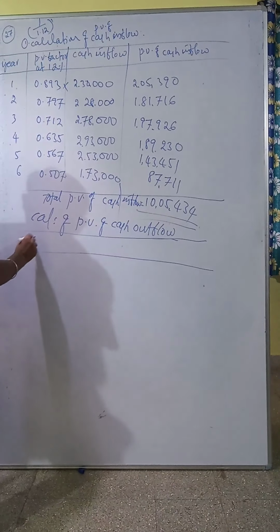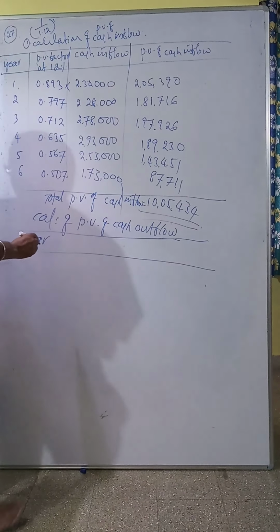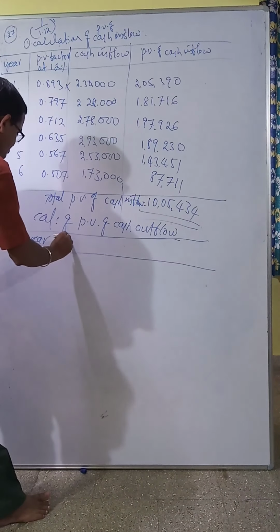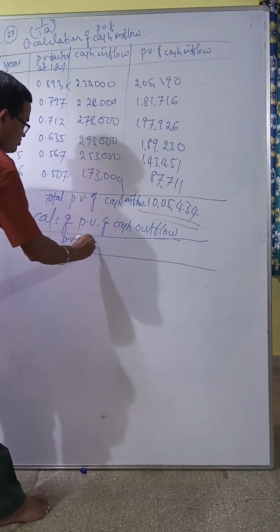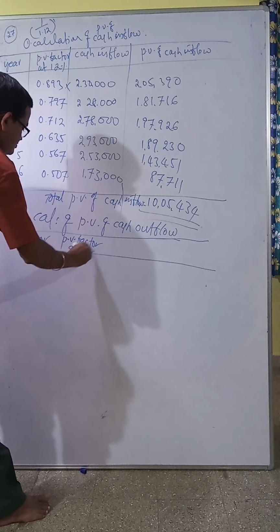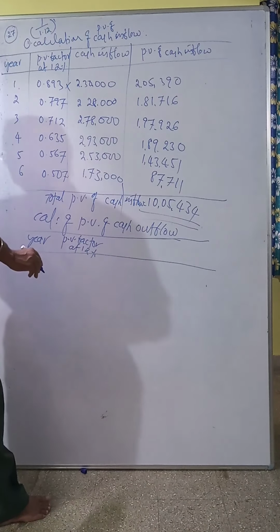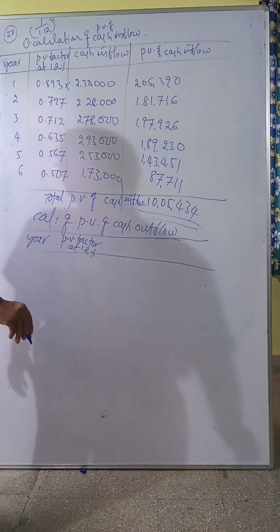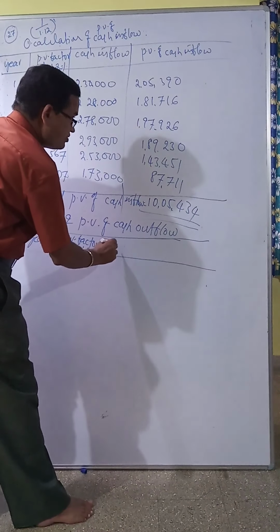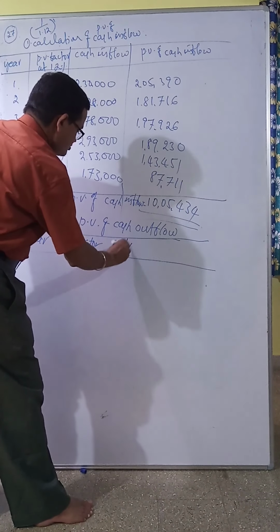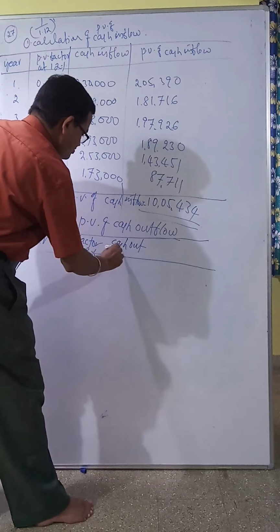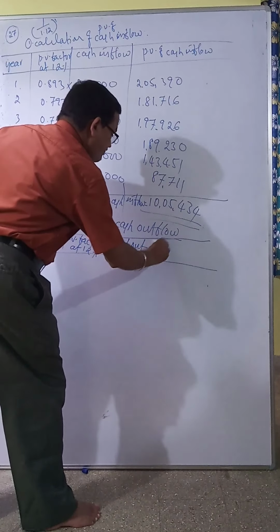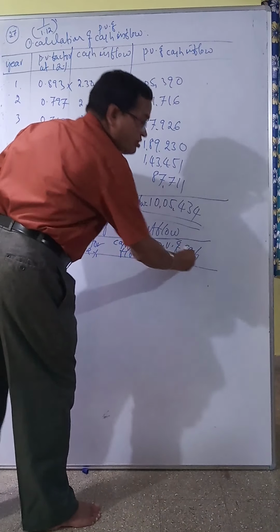Take the columns: PV factor at 12%, cash outflow meaning the initial investment, and present value of cash outflow.